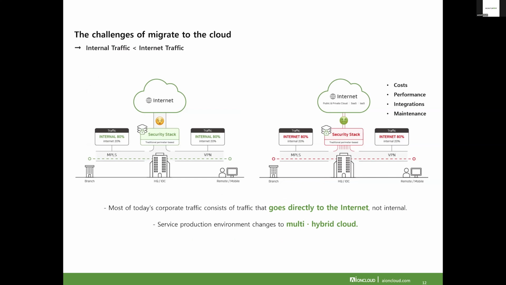There's also the issue of VPN backhauling, where the security stack would take place at the headquarters or internet data centers near the regional headquarters. This model doesn't work anymore because resources are no longer located at headquarters or these physical locations most of the time. Production environments are multi or hybrid cloud environments.